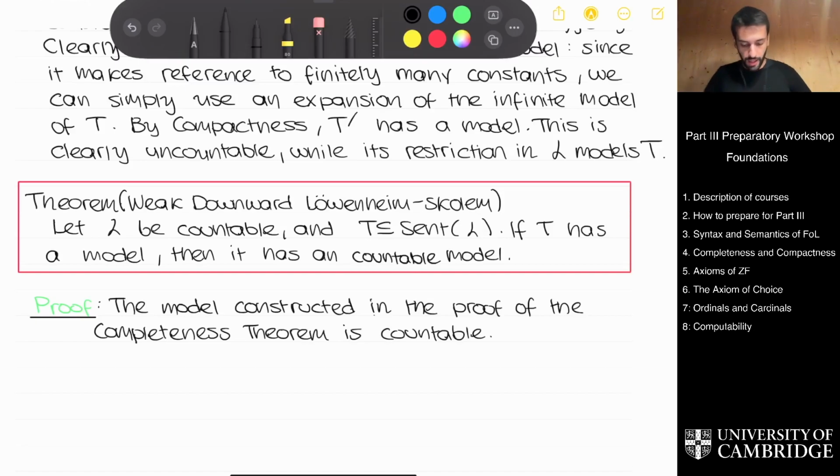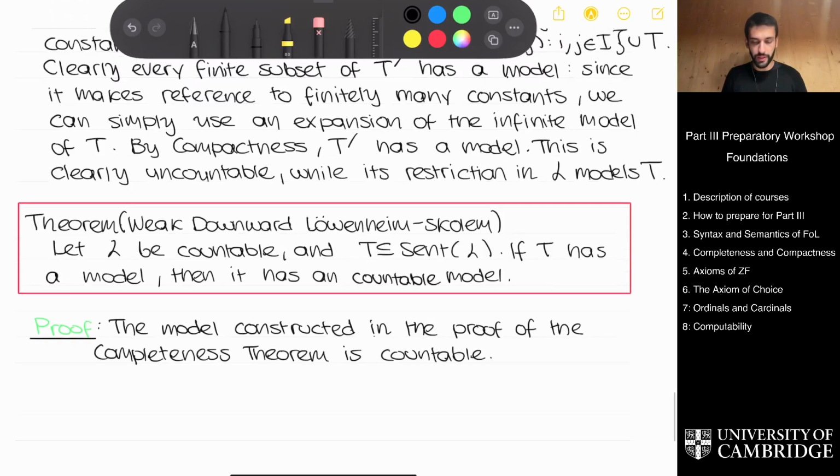Why does it have a countable model? Well, if T has a model, then by completeness it must be consistent. And therefore, if you run through the proof of the completeness theorem, assuming that the language is countable, then the model that we obtain is in fact countable itself. You just have to verify this through the proof that I gave to you before.